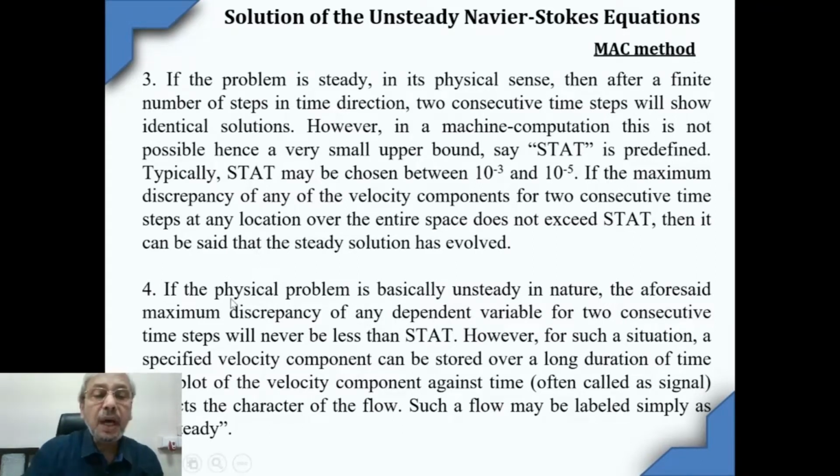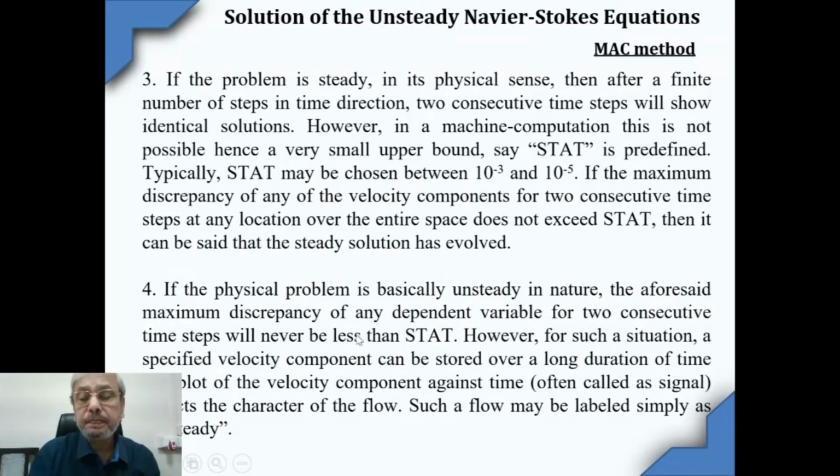If the physical problem is basically unsteady in nature, the aforesaid maximum discrepancy of any dependent variable for two consecutive time steps will never be less than stat. So it will keep on varying.